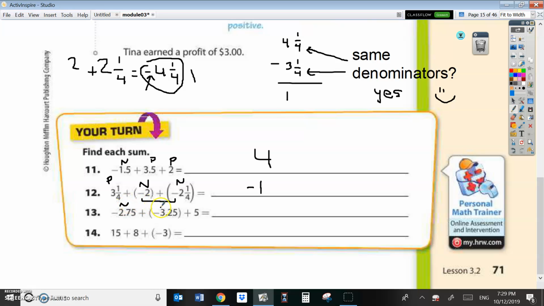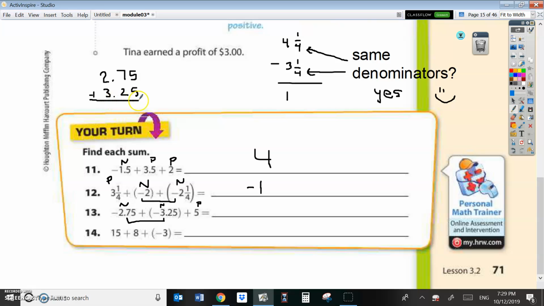Negative here, positive here. I'm going to combine my negatives. Let me make some space for that. 2.75, 3.25, another 0, 1, 6.0, but that's negative, remember.